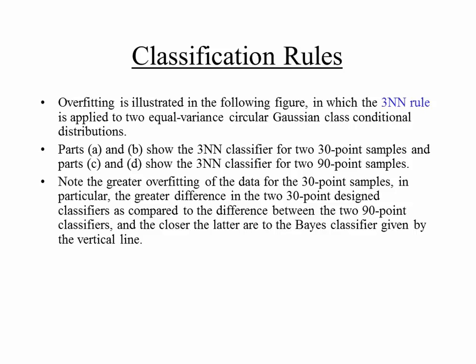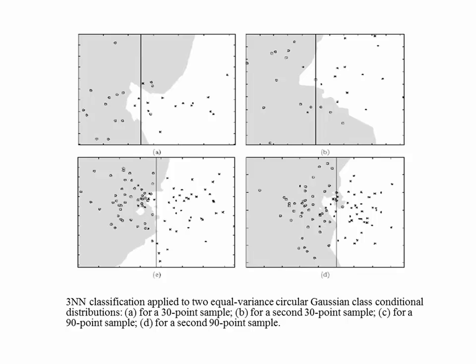You can come up with the Bayes classifier. In this particular case, this boundary here is the Bayes classifier. It's a linear classifier that is separating the two classes. You have these Gaussian probability distributions, and you use them to generate the data.